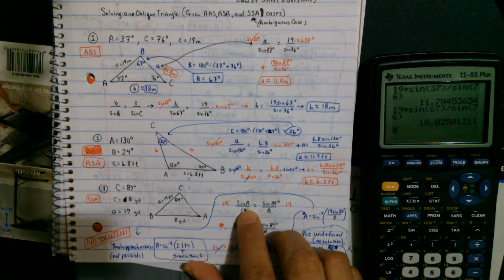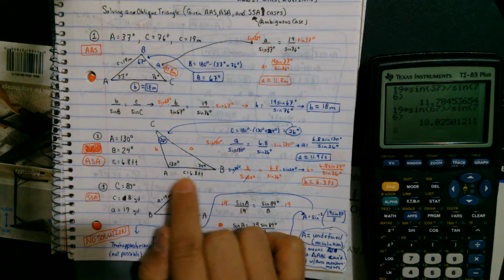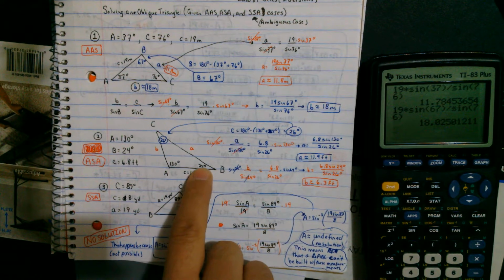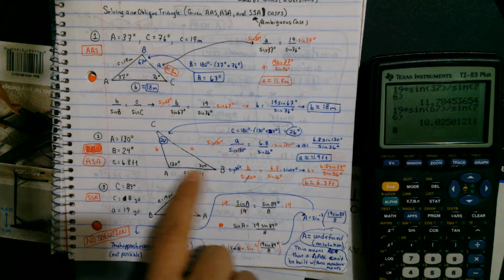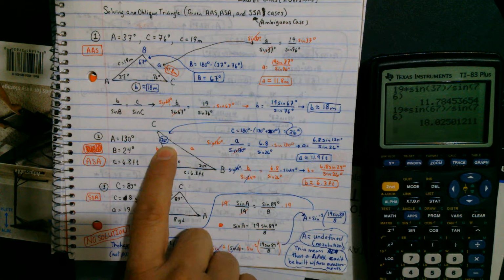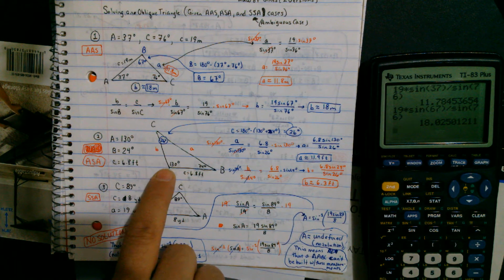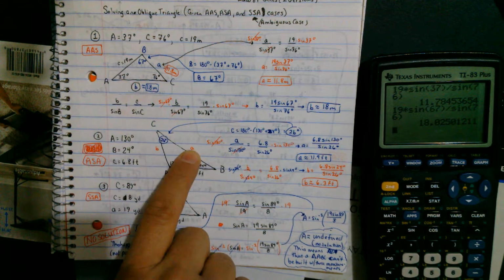It's actually really nice. The next one is angle, side, angle. You're given two angles and the side in between, as these values are given. Again, the third angle is for free: you take these two, add them up, and take that away from 180, and you get 26. It matters here that you're given this relationship. You can solve for a first or b first. I went ahead and did a.